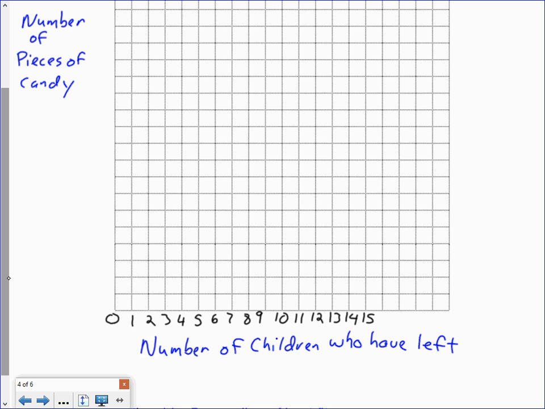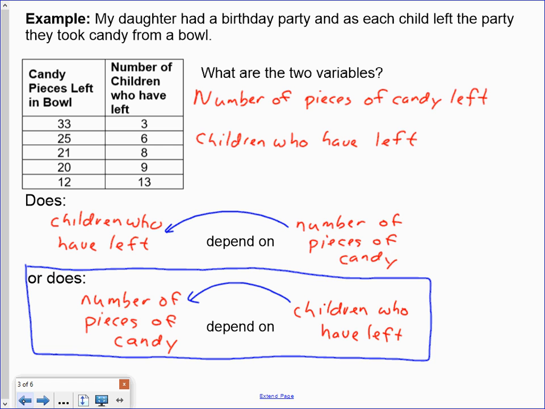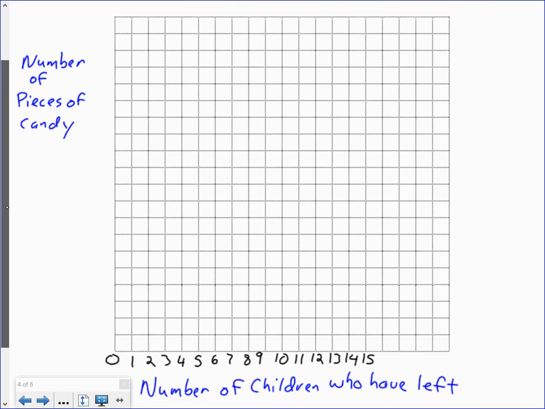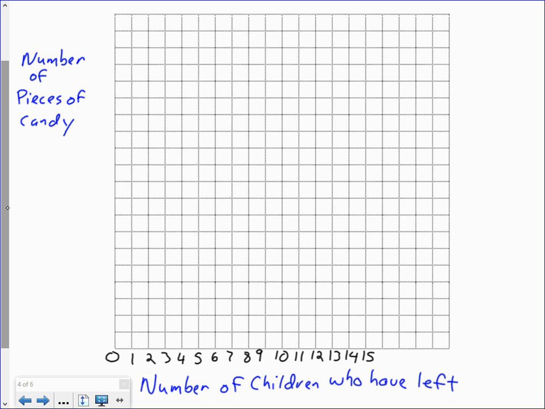When I look at number of pieces of candy, I look for my biggest number. My biggest number here is 33. So I have to get numbers up to 33 on this grid. I only have 20 squares again, so I'm going to have to go up by 2s every time in order to get 33 in there. Because if I have 20 spaces and I go up by 2s, I'll get up to 40, which is enough for me.